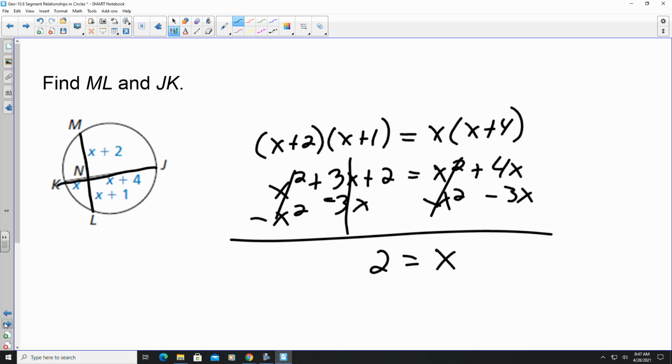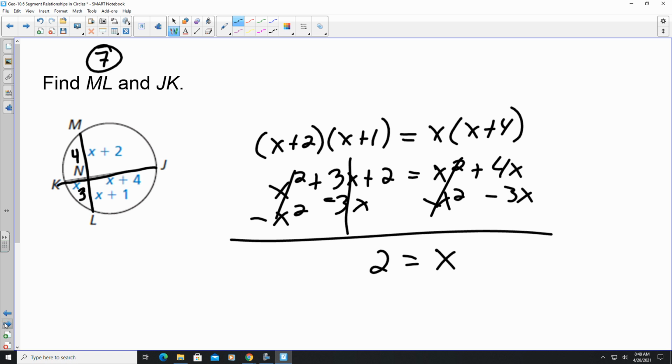So it doesn't answer the question quite yet. All we found out is X is 2. So that means that MN is 2 plus 2, which is 4, and 2 plus 1, which is 3. So ML is going to be 7.